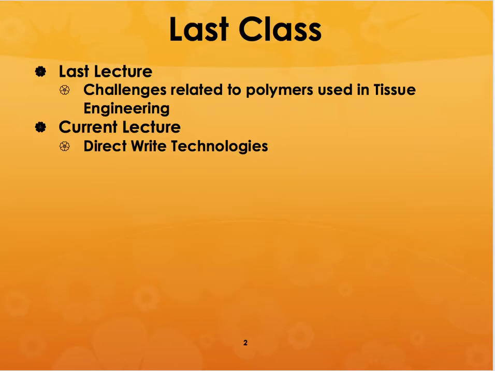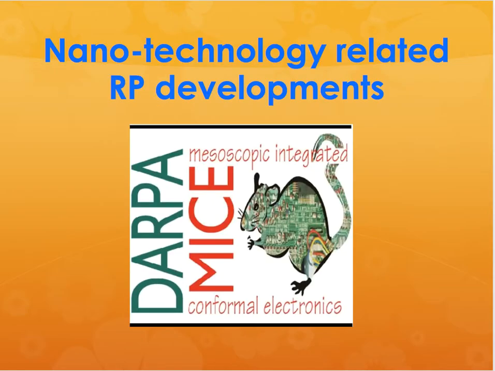So we talked a little bit about tissue engineering and the use of additive manufacturing in tissue engineering, and this lecture will mainly focus on direct write technologies. And why did direct write technologies come into play?